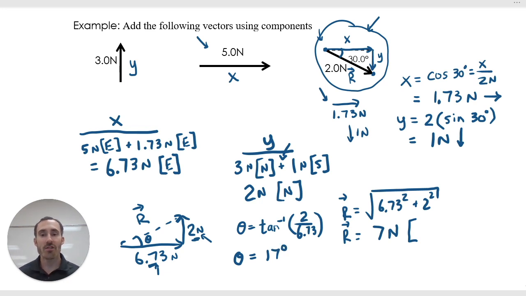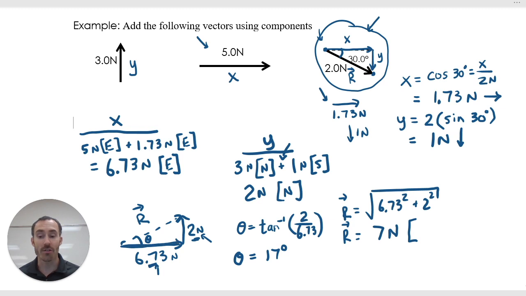Now we need to make sure that we put compass directions on that as well, because that's not quite perfect. You can't write in 7 newtons, 17 degrees. 17 degrees isn't a direction. You need to start by saying where you're measuring from and end with where you're measuring toward. So in this case, I started measuring toward the east. That was my x component.